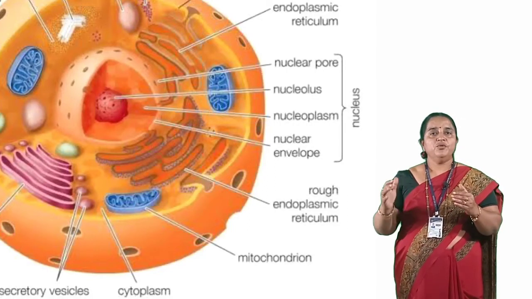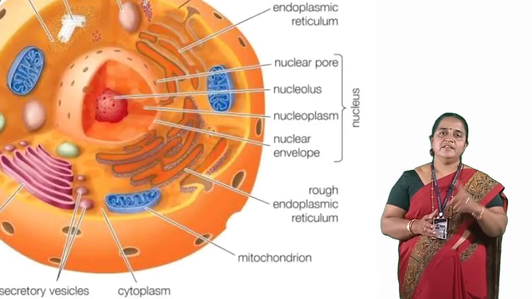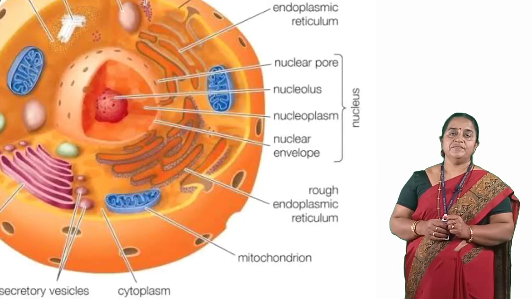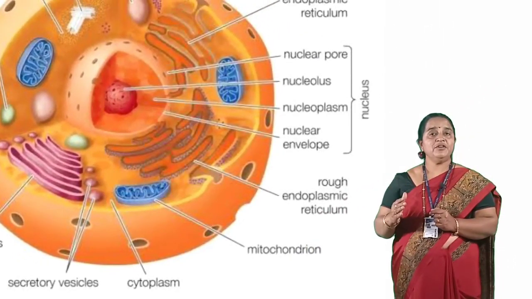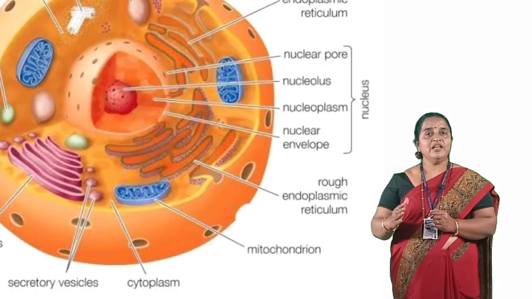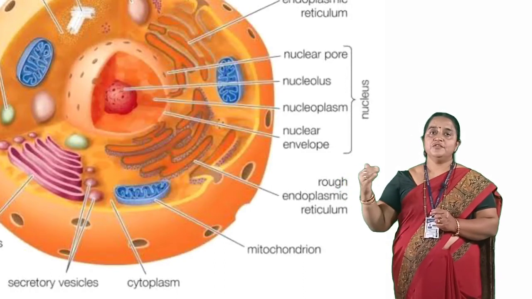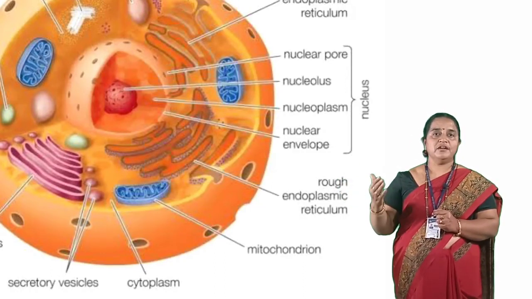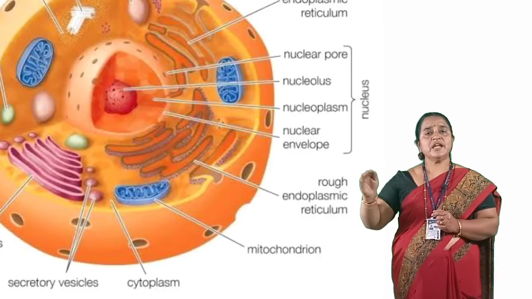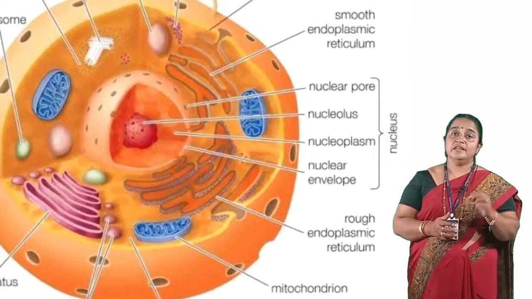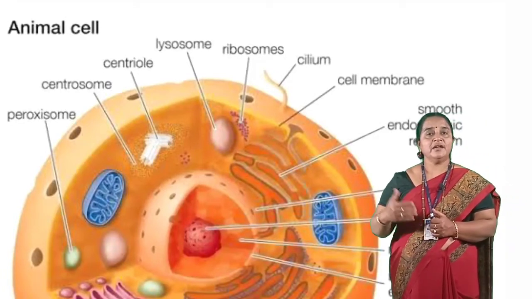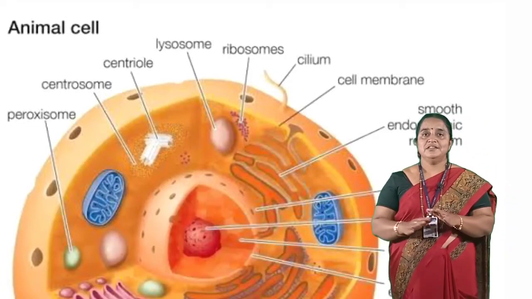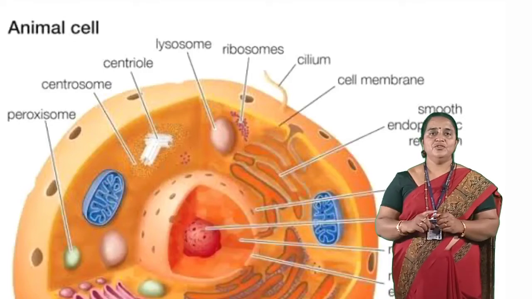Apart from the nucleus, in the animal cell there is the powerhouse mitochondria. There is a Golgi complex. There is endoplasmic reticulum extending from the nuclear membrane to the cell membrane, smooth without ribosomes, rough having ribosomes on the surface. Lysosomes are more in number. The animal cell, being heterotrophic in nature, has no plastids and no vacuoles.